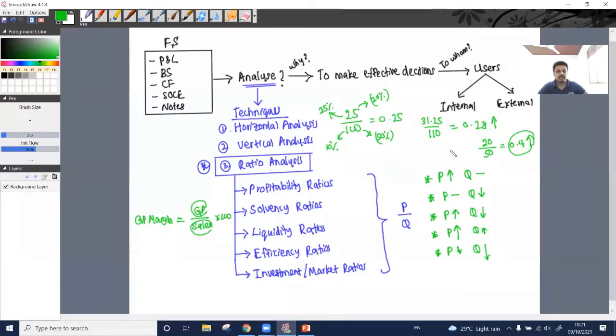So these are in general the options we are having in order to improve a ratio, right? Options to improve ratios.